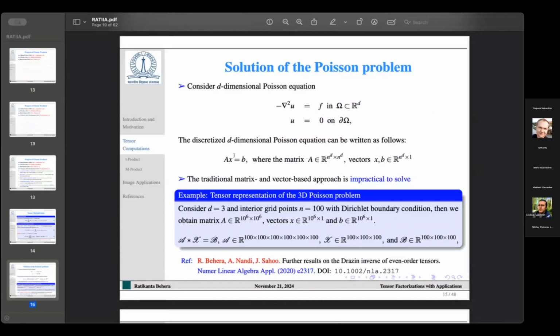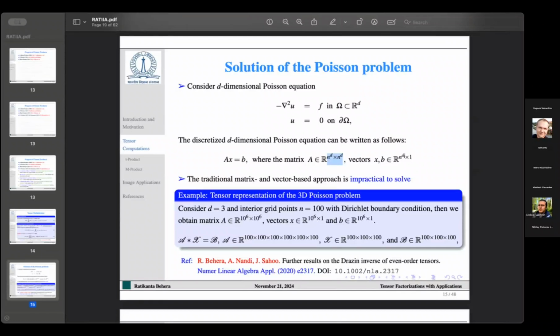Even if it is two-dimensional or three-dimensional, we can make a matrix format Ax equal to b, where A is n^d cross n^d, and the vector is like this. So when n is increased, where n is the number of interior points and d is the dimension, the traditional matrix-vector based approach becomes impractical, in the sense that the computation time will increase.